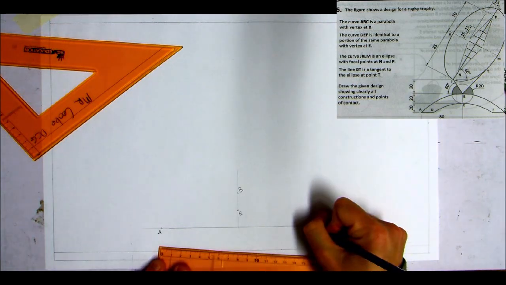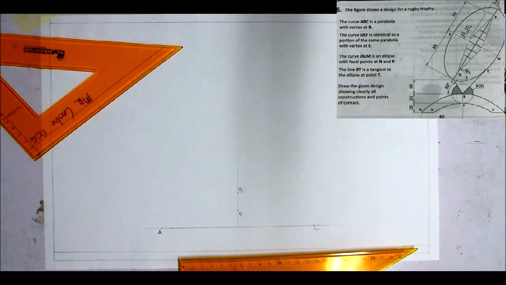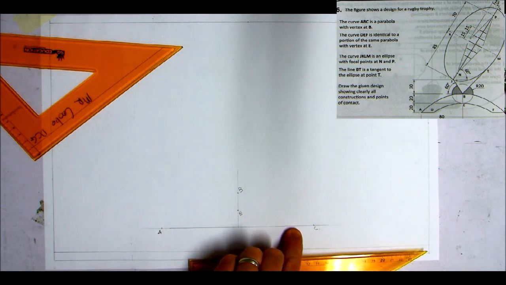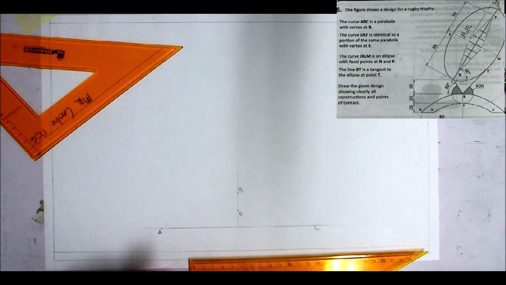Again, labels are going to be key to your success here. I don't know the measurements of D and F yet until I copy my parabola of ABC.